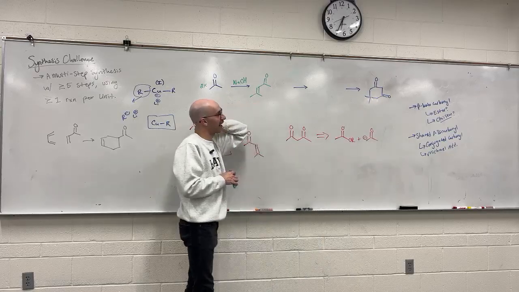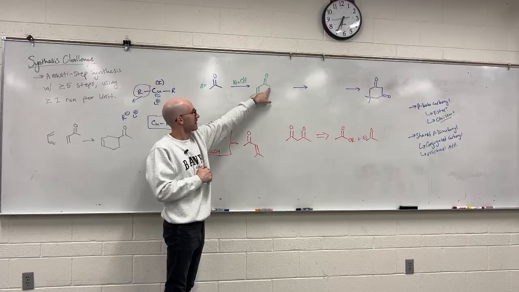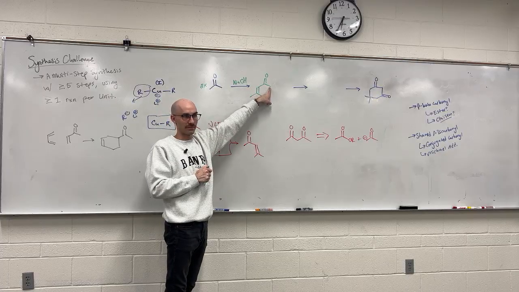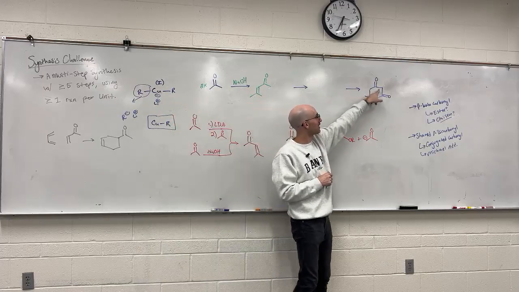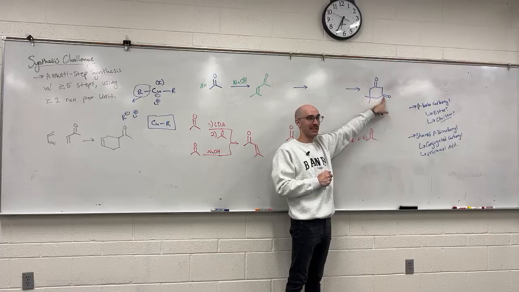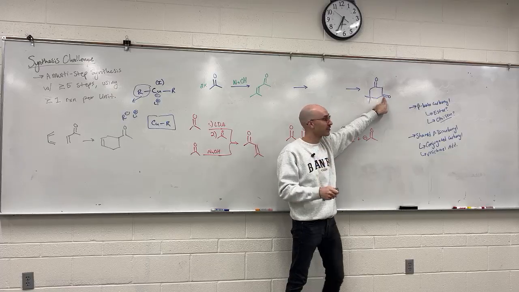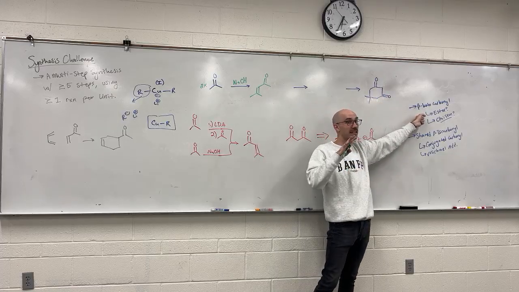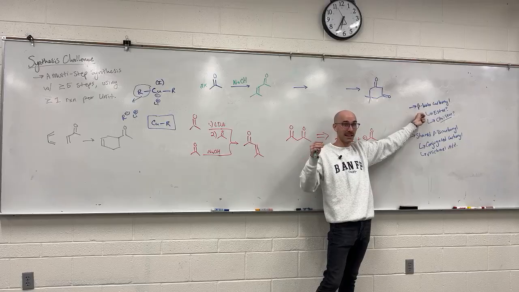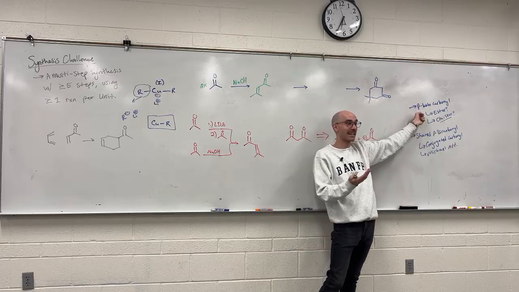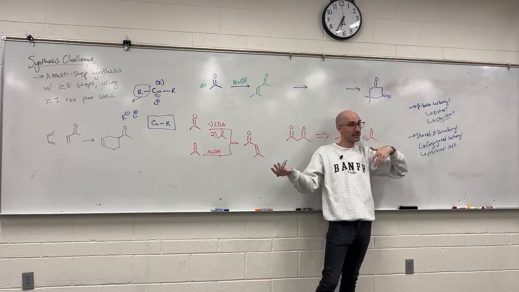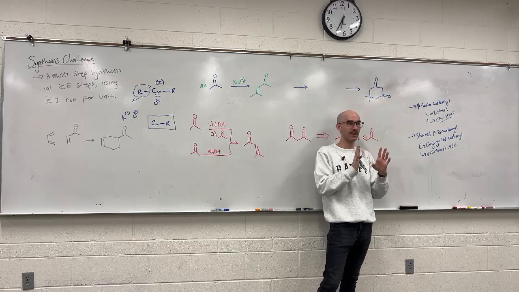And somehow this alpha position will need to attack this carbon but preserve a ketone, which is similar to Claisen. Claisen has a nucleophile attack an ester, kick off a leaving group, and keep a carbonyl.